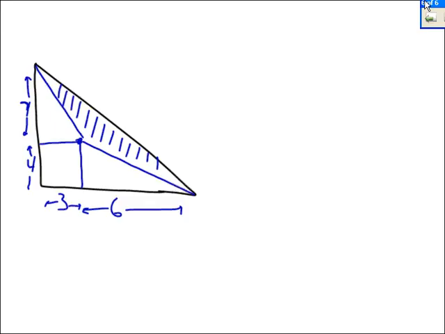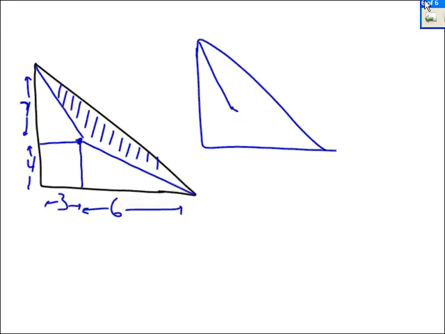So what I'm going to do is find the big area. And then I'm going to take away the area of this rectangle up here. Let's call that region 1.